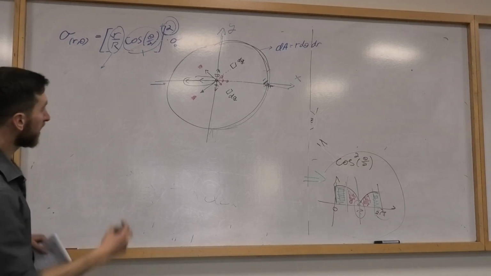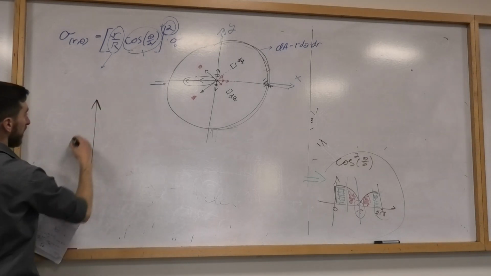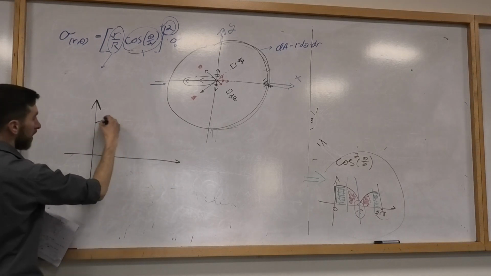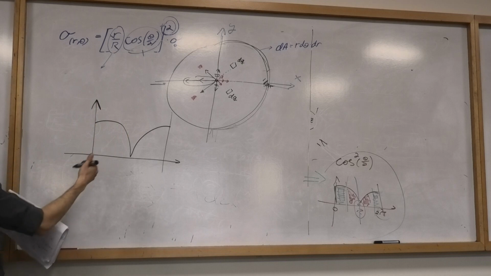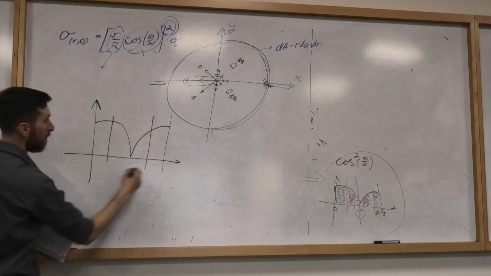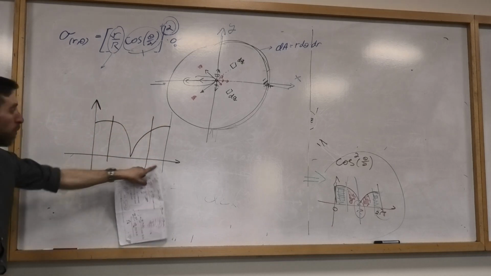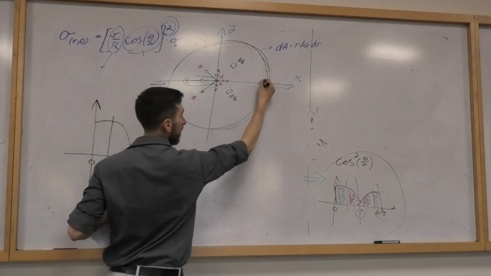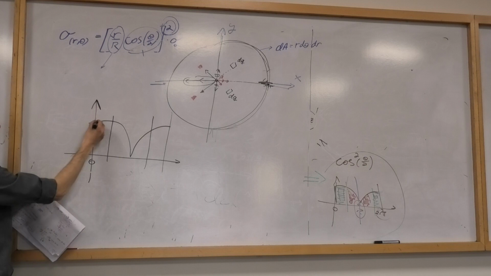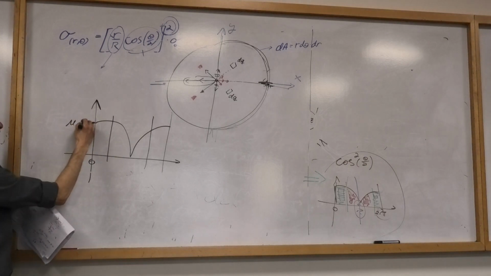So the cosine is looking like this. Actually, we said it looks like an S, right? Because it was multiplied by a square. And now I'm drawing all the quarters of the circle. This is going to be 0. Here, what is the value? Max. Right?